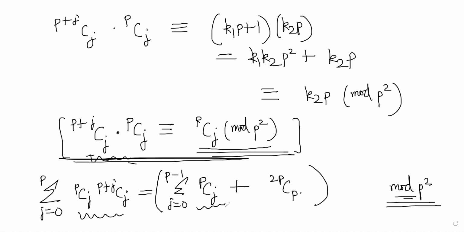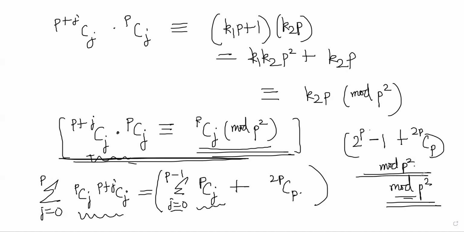And the value of this is what? This is the sum of j goes from 0 to p minus 1 of pCj. That is simply 2 power p minus 1 plus 2pCp mod p square. This is what we are getting.